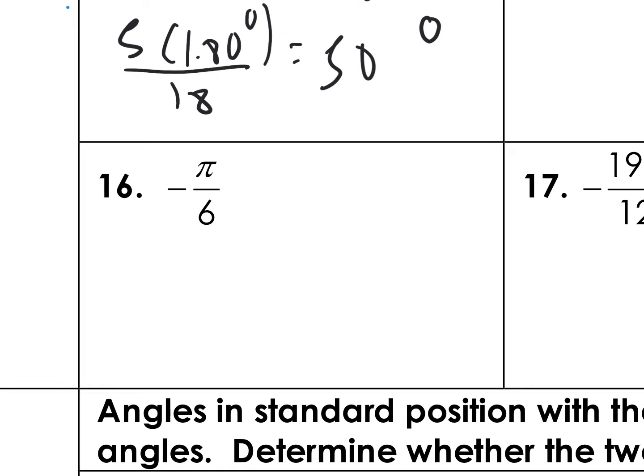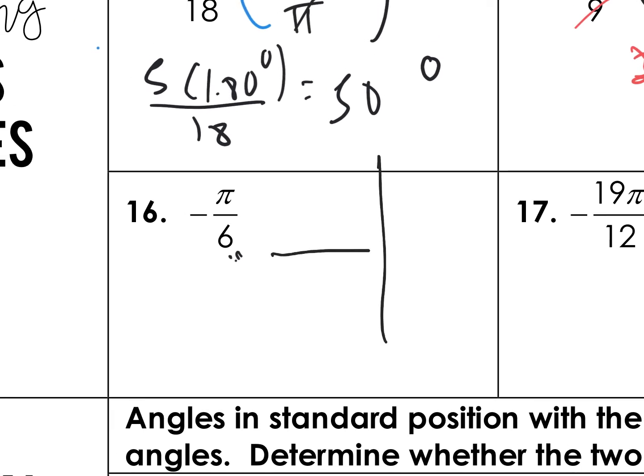Pi over 6, you should have it memorized, is what? Negative 30 degrees. I'm going to remind you, pi is this whole thing. I know we want the negative, but that's okay. If I divide this by 6, that means I need to have 3 equal parts here and 3 equal parts here.